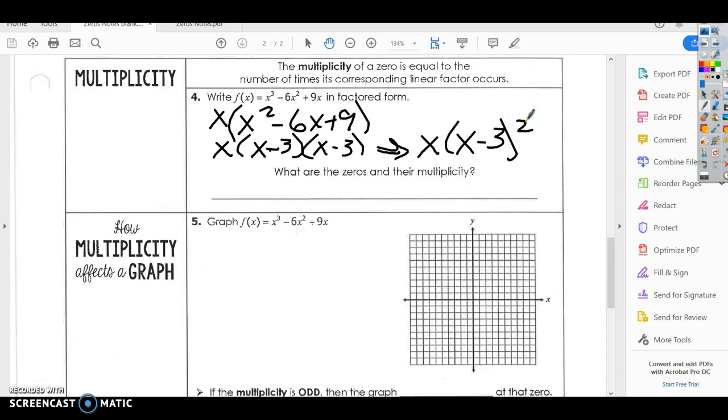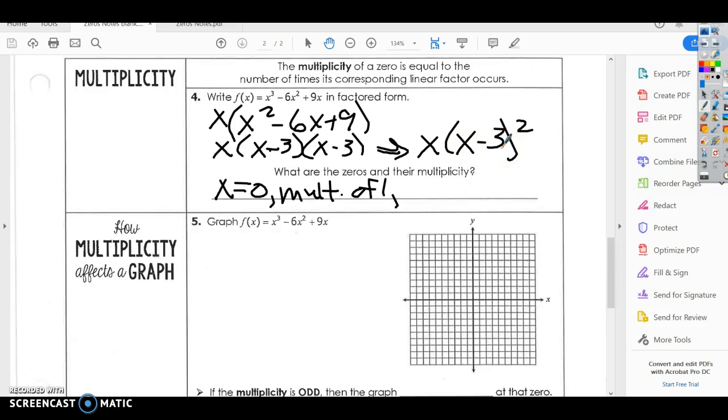The zeros, remember, you set each factor equal to 0 and solve. So you set x equal to 0. That's just 0, and that occurs 1 time, so we're going to have a multiplicity of 1. And then we have x minus 3.